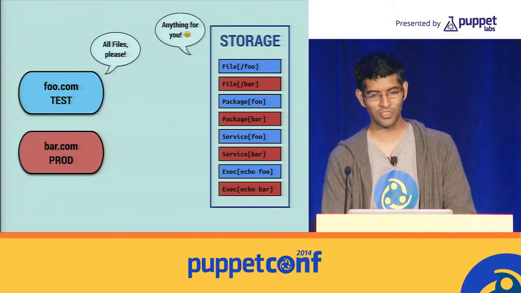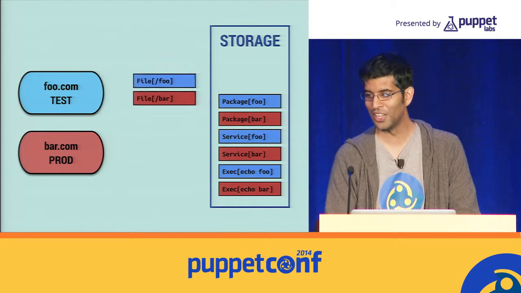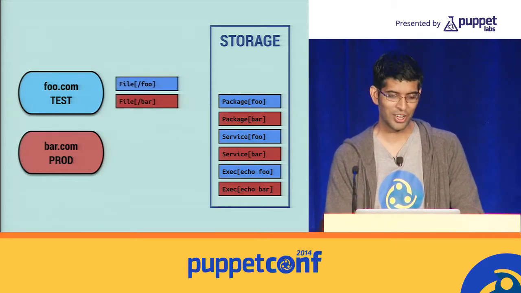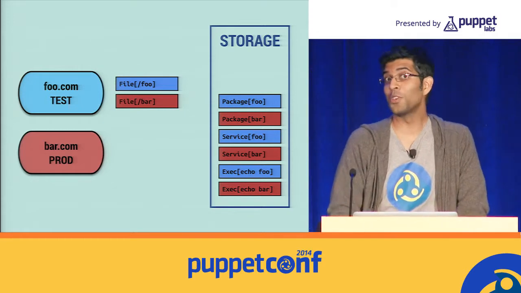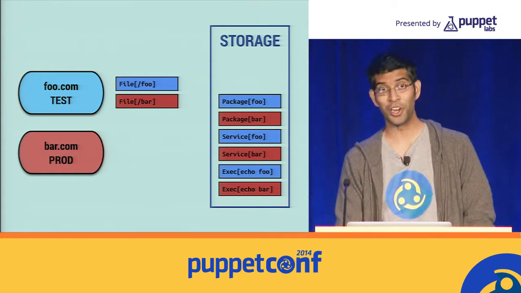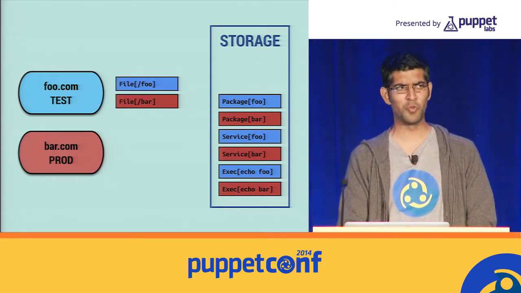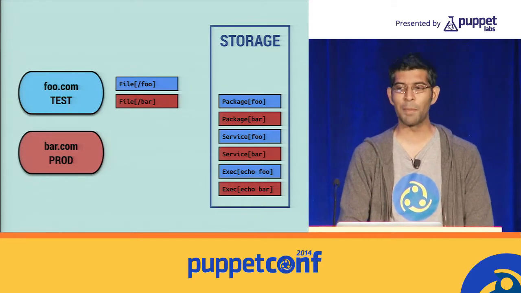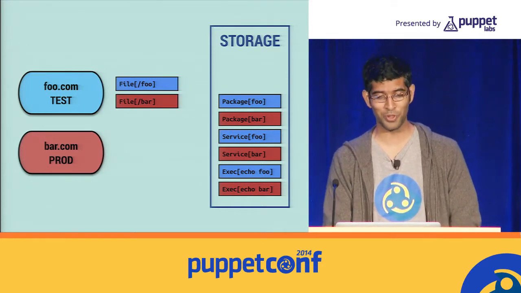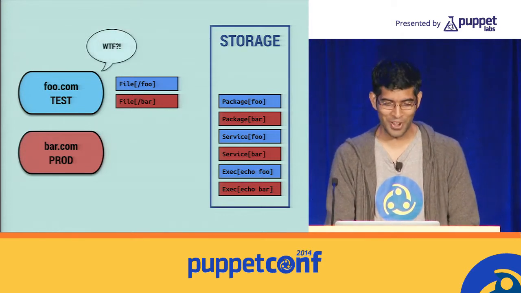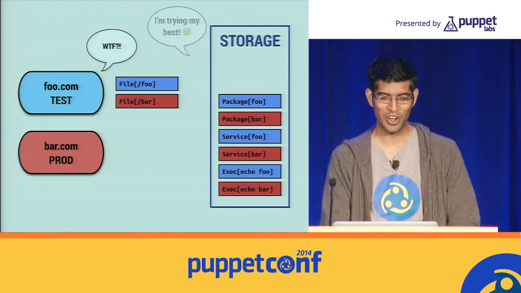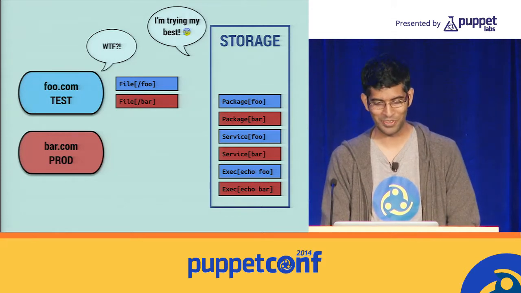To which PuppetDB says, I will do anything for you, and it will give foo back a file resource from a different environment. Maybe that's what you intended, maybe not. What I do know is that prior to PuppetDB 2.1, you didn't have an option. You basically got back all the data for everything, and I really hope that's what you wanted. But in case it wasn't, everybody ends up sad.